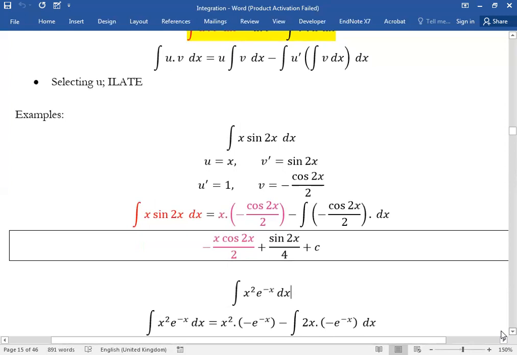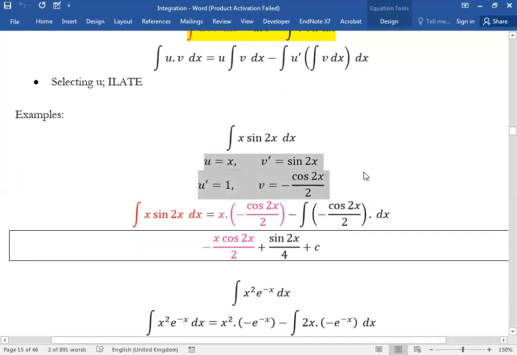This is the first step that you'll take: u multiplied by the integral. I urge everyone to make this data table whenever you continue with integration by parts.